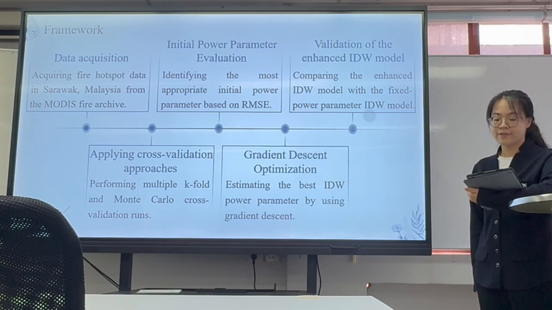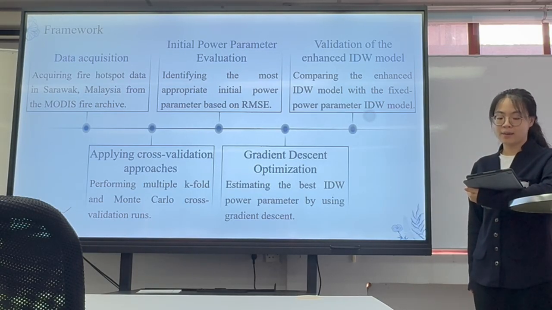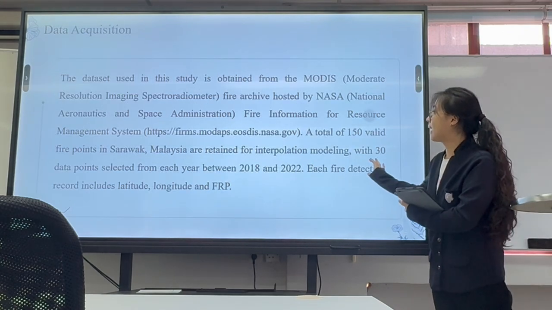Third, identifying the most appropriate initial power parameter based on RMSE. Fourth, estimating the best IDW power parameter using gradient descent. At last, comparing the enhanced IDW model with the fixed power parameter IDW model. Next, let's explain in detail.